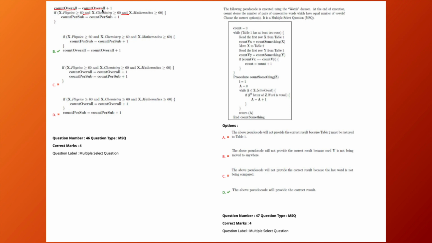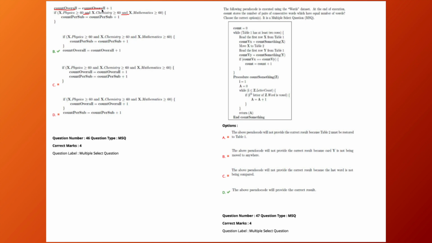This variable is incremented by 1 every time the total marks of the student is greater than 180. Now we have the hypothesis that if they have scored more than 180 in total, they would have scored greater than or equal to 60 in all 3 subjects individually. So that's how we need to find if that particular hypothesis is true.